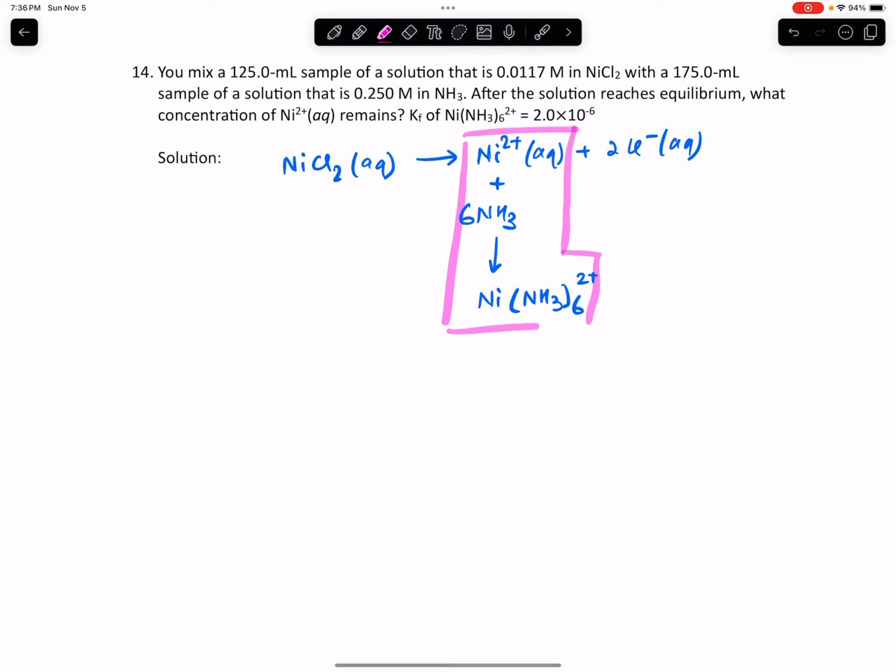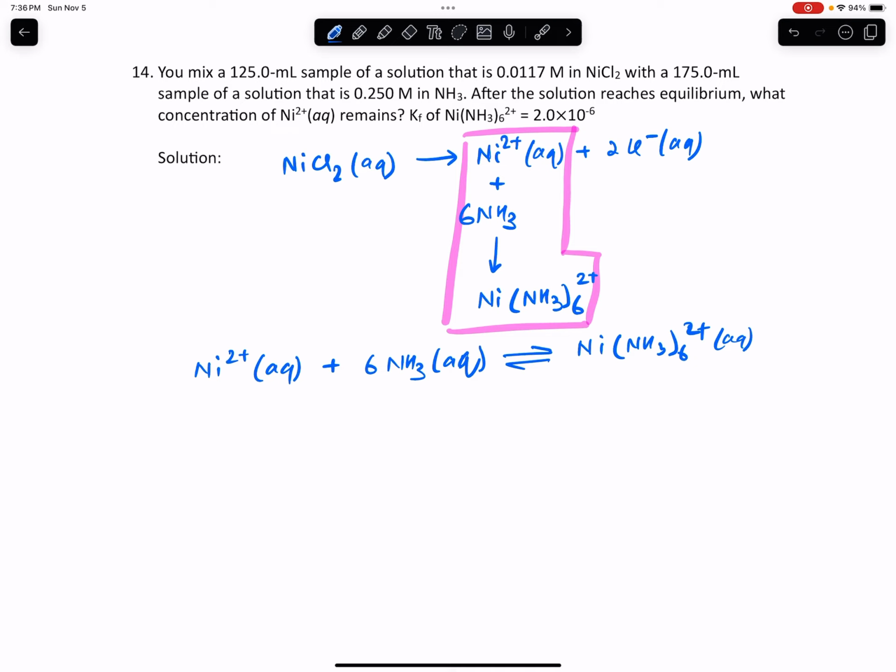If I took Ni2 plus in aqueous form plus 6 NH3 in aqueous form, notice carefully, this is not an irreversible reaction, so I'm going to put the equilibrium arrows, and that gives me Ni(NH3)6 2+ in aqueous form.